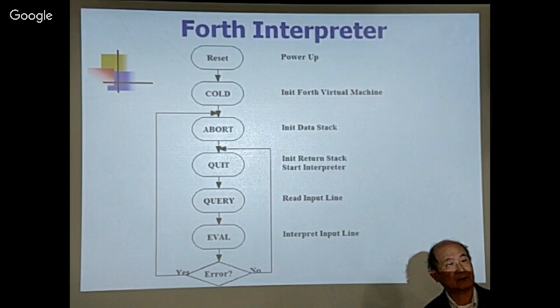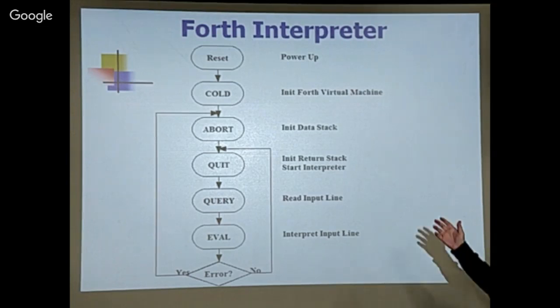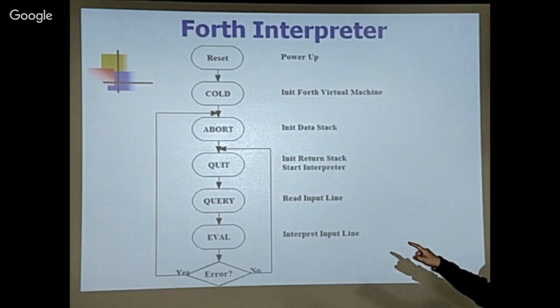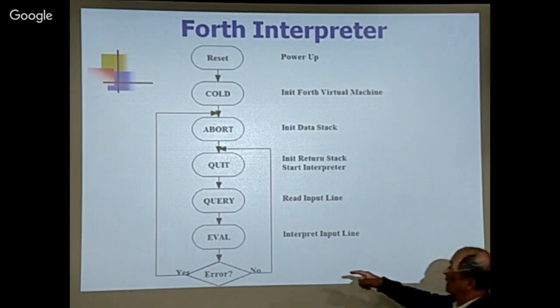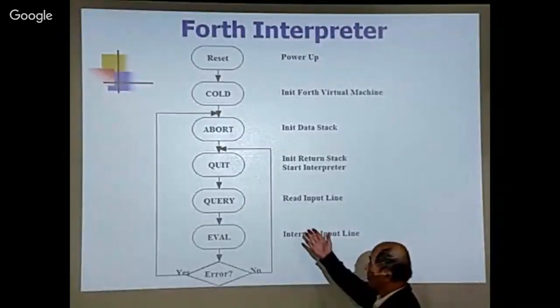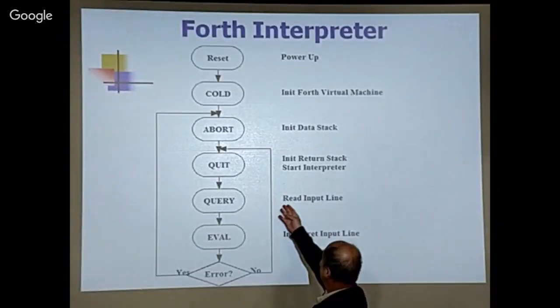Once you have the Forth virtual machine running, it falls into abort, and the abort falls into quit. And quit is a loop, a query and eval loop. So you query, you read one line of input, and the eval would interpret that line.